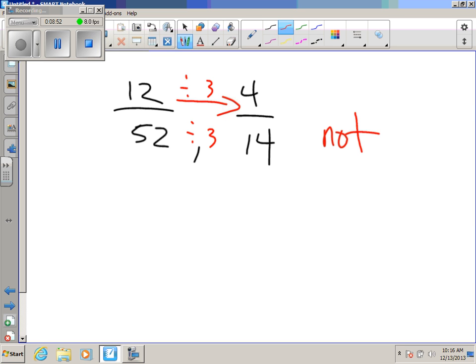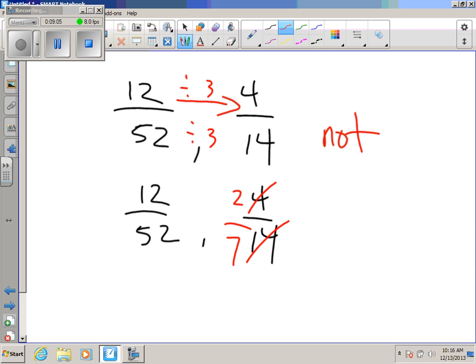Therefore, it would not be proportional. Look at your other option. What if you were to simplify? These can both be simplified. 4/14 would go to 2/7. 12 over 52, they're both divisible by 4. 3 over 13.